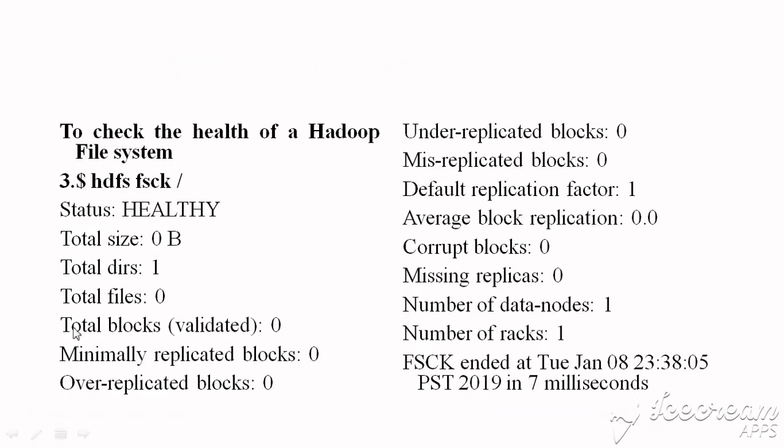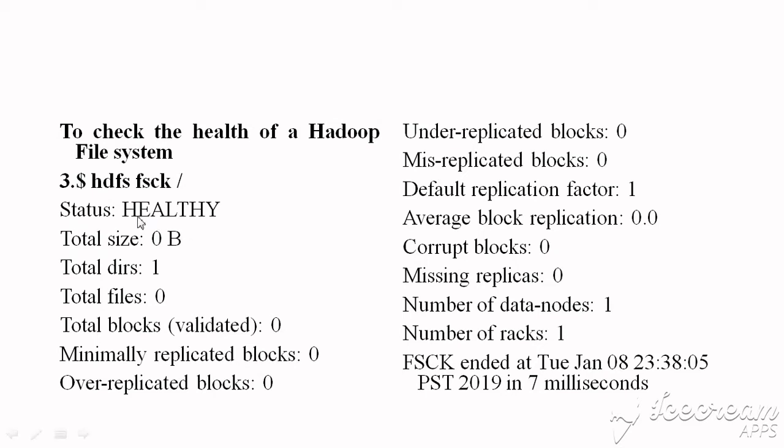Okay, and the third command here is the file checking option. If you want to check the health of the Hadoop file system, then we can use fsck, that is file system check. If you type this command and your file system is healthy, then it will show you the status is healthy.